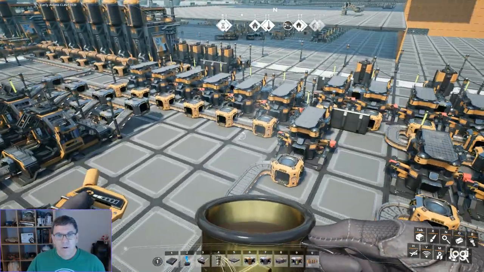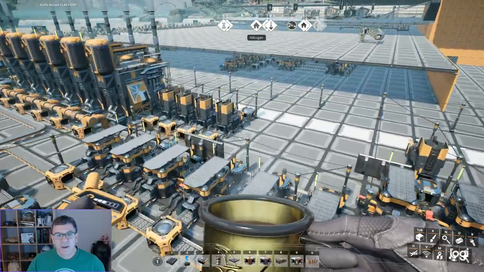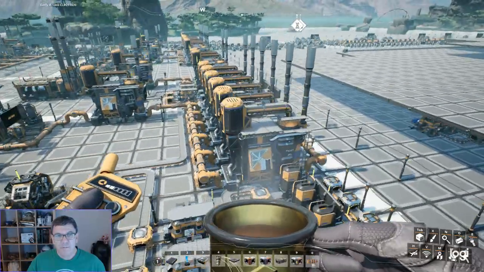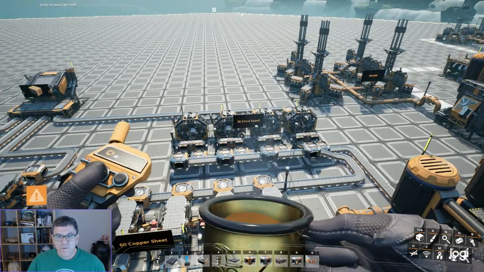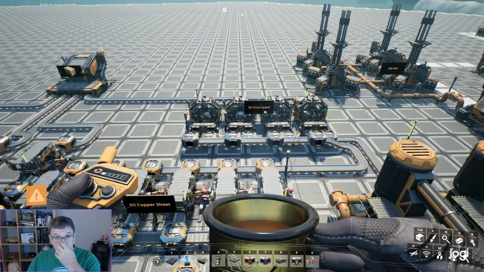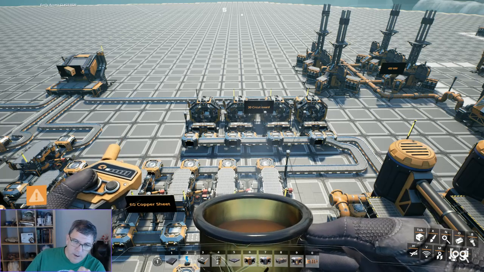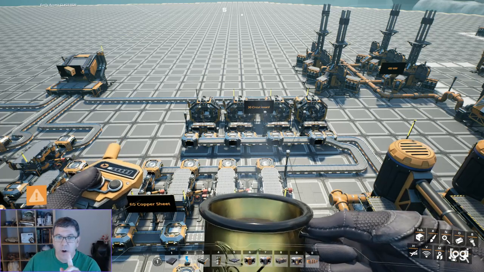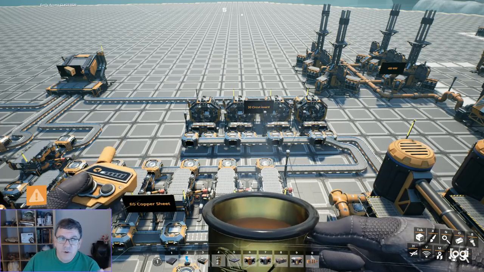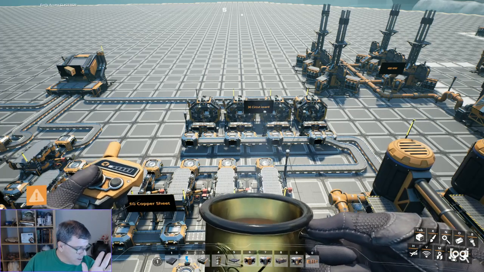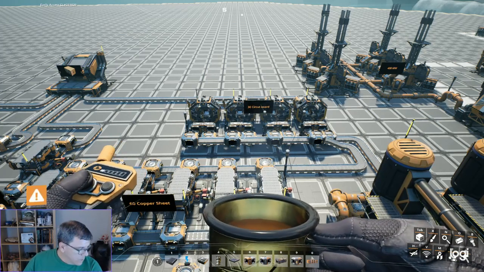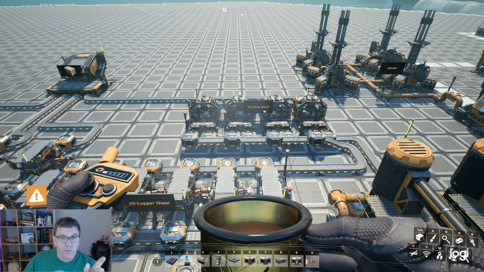Now, as you can see, each one of these takes multiple steps. If we look at the circuit boards first, they're being made by some assemblers down there. We only need 25 circuit boards per minute.